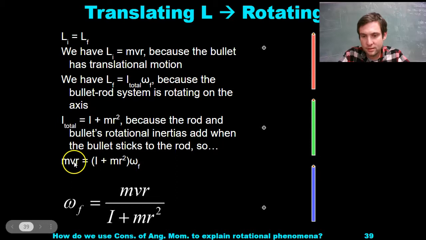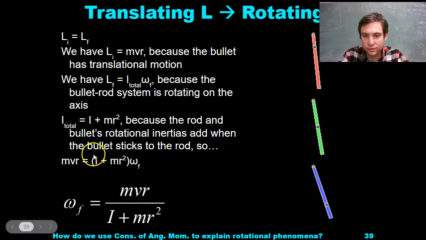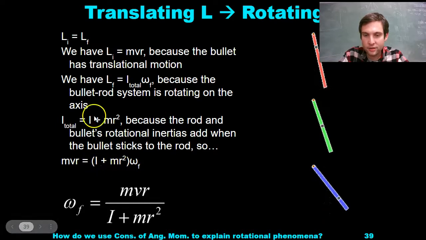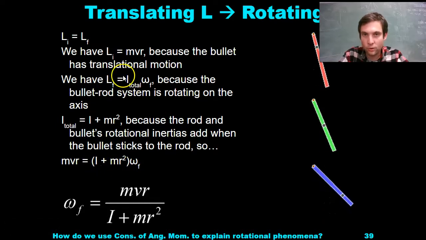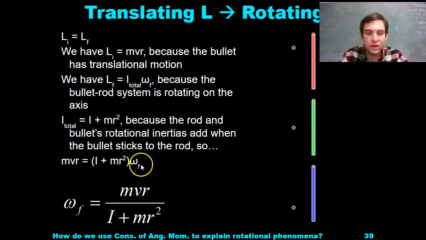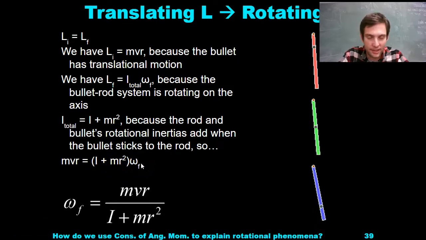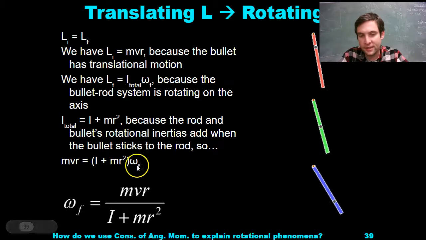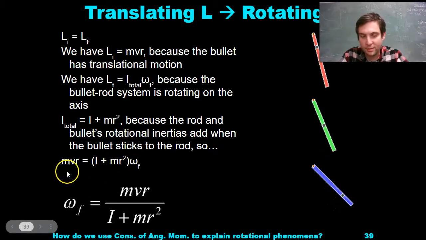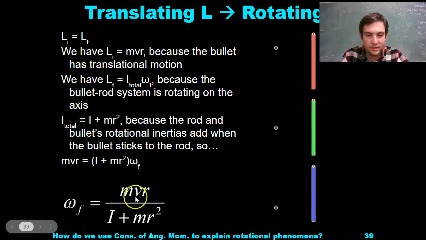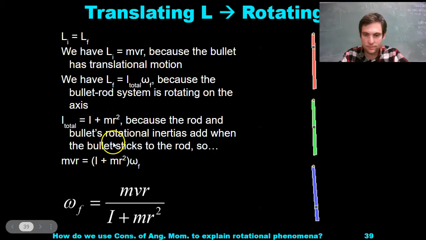And we get mvr, our initial angular momentum, equals I plus mr squared, the total moment of inertia, times our angular velocity in the end. Solving for angular velocity in the end, dividing out I plus mr squared on each side, we get this nice looking equation.